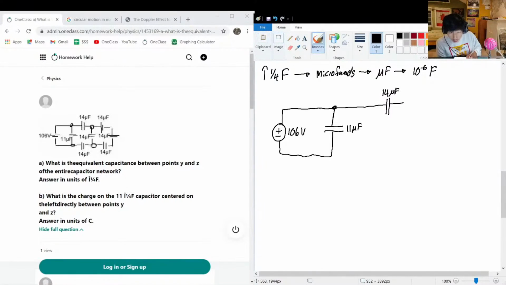That's connected to a 14, like this. And there's another 14 like this.